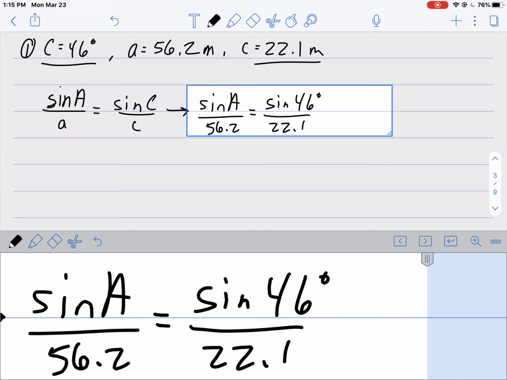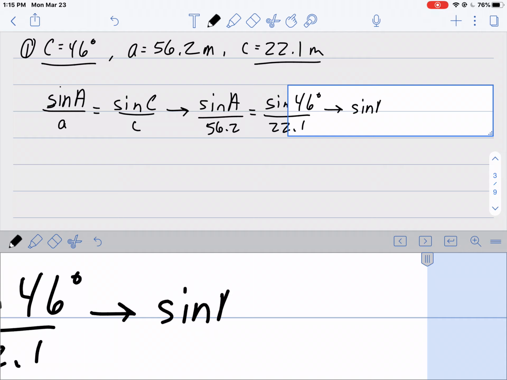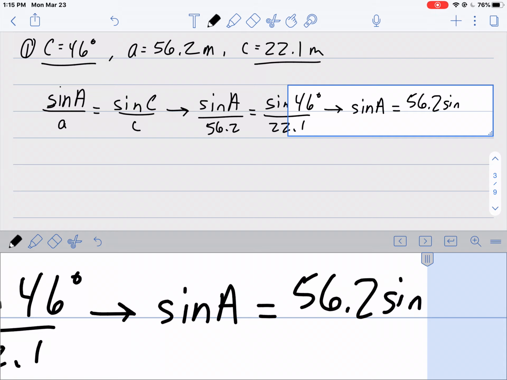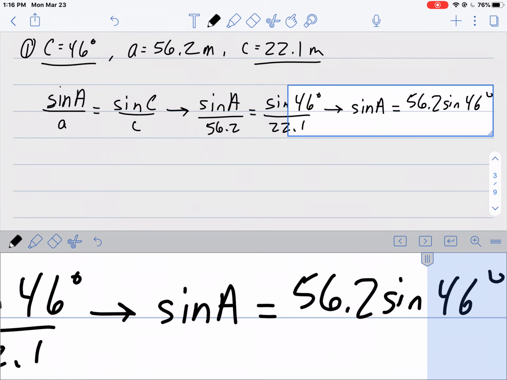I'm going to multiply by 56.2 and solve for sine A first. From there, you may have a couple of different options, depending on how you want to do it. So sine A equals 56.2 times sine of 46 degrees over 22.1.